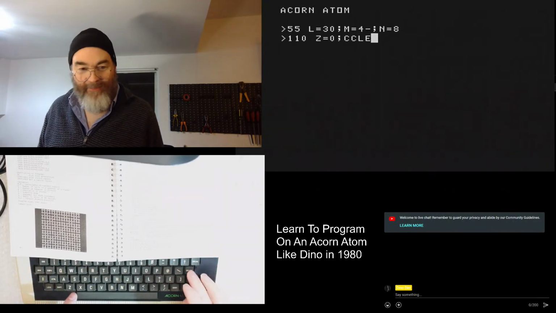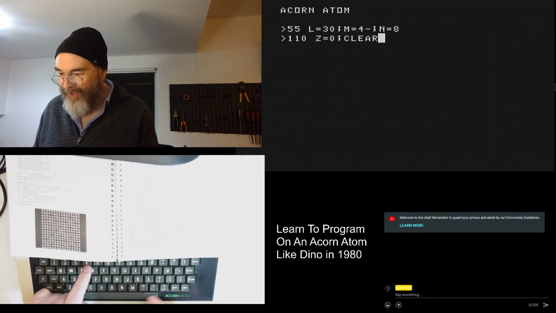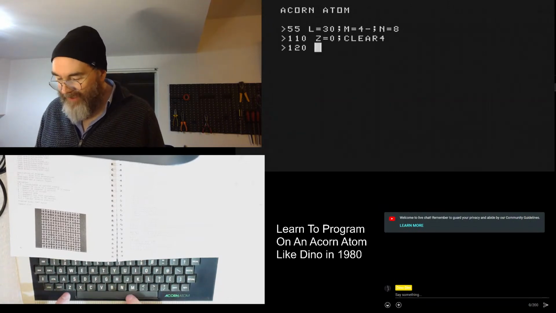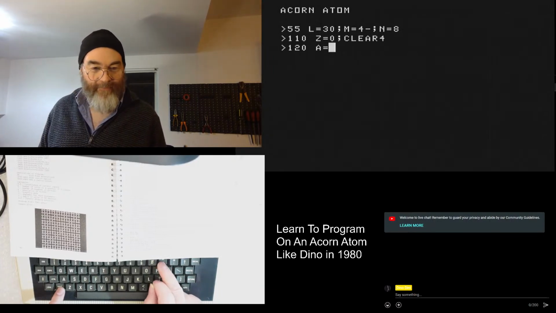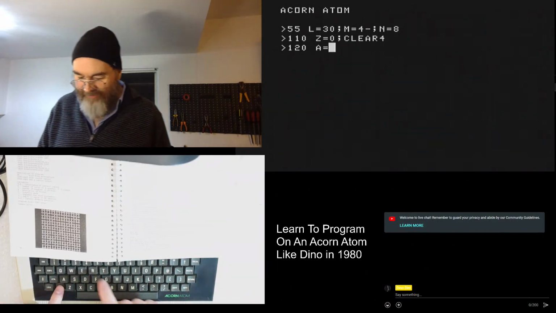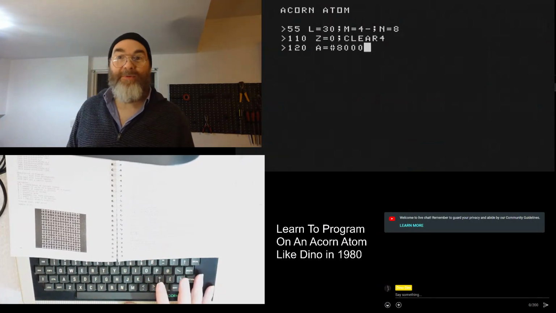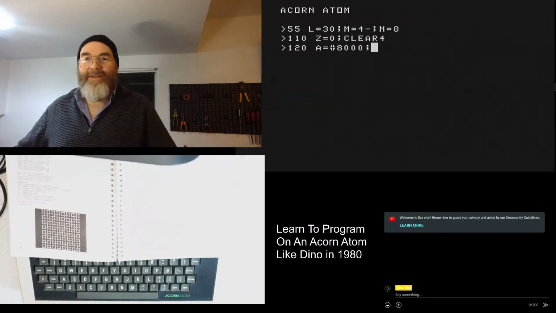I remember clear 4. Get into the high resolution graphics mode. 120. A is equal to hash 8000. That's hexadecimal, so this is fantastic. I mean, this is 1980.